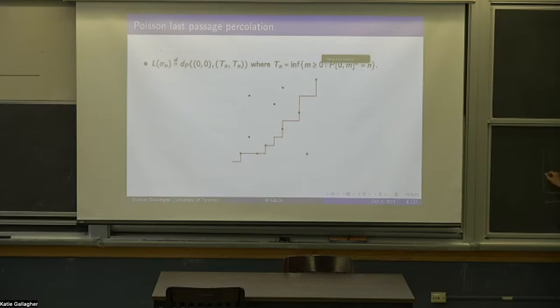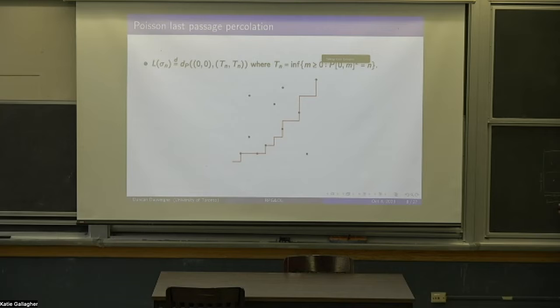And I'm going to grow an m by m box. And I'm going to stop the growth of that box when I see exactly n points in my box. So this will usually happen when the box has area equal to n. So it should have side length root n, very roughly.